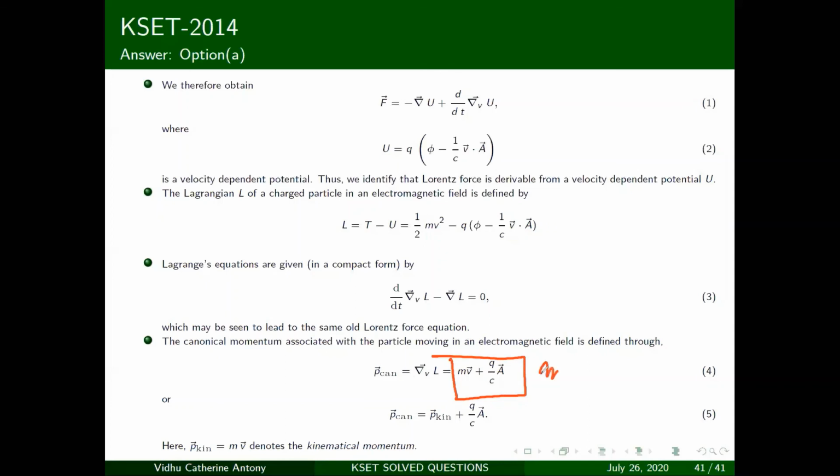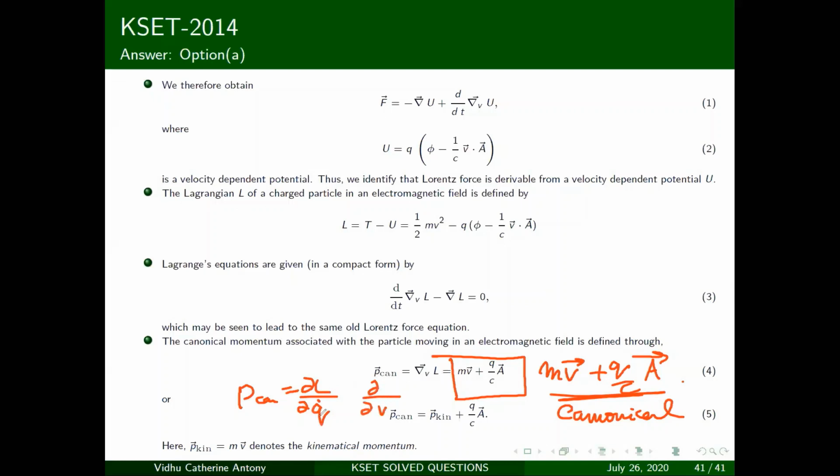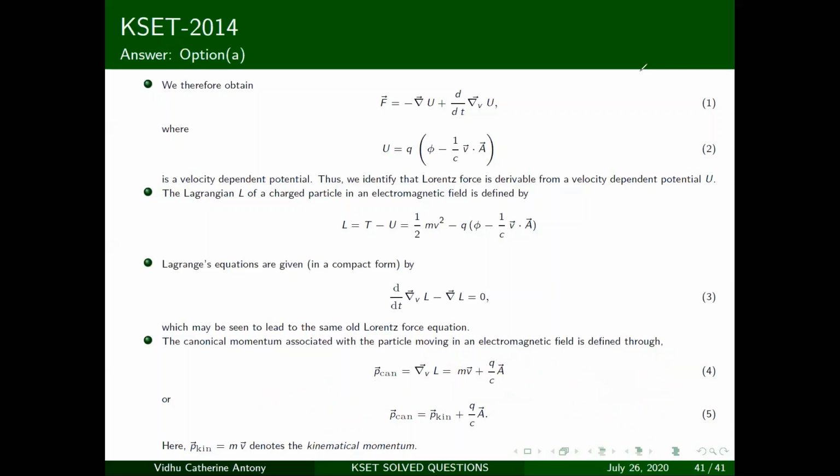We had something like this in the options: m v vector plus q divided by c A vector. So this is the canonical momentum. How do you get that? Basically, to get your canonical momentum, you take dou L divided by dou Q dot. That's basically the velocity gradient, dou by dou V, because your Q dot is basically V, right? It's the velocity. So that's what you're doing here. So this is the last slide that you have.